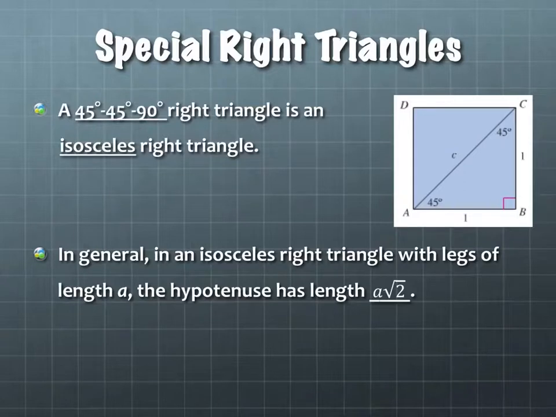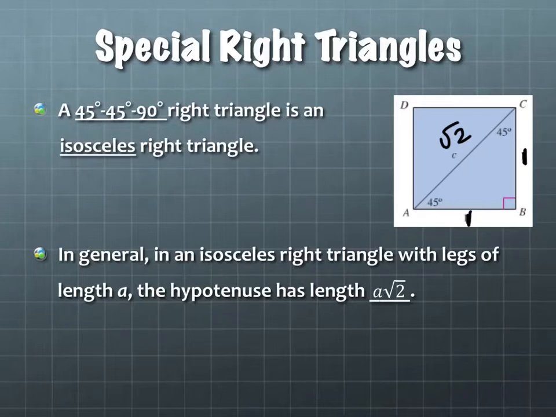So what this is describing on your picture over here is that if you have a 1 here and a 1 here, and you were to use the Pythagorean theorem, 1 squared is 1, and then I'd have 1 squared plus 1 squared, well that's 1 plus 1 is 2. So the side C would have to be square root of 2. Right? That would actually satisfy the Pythagorean theorem.